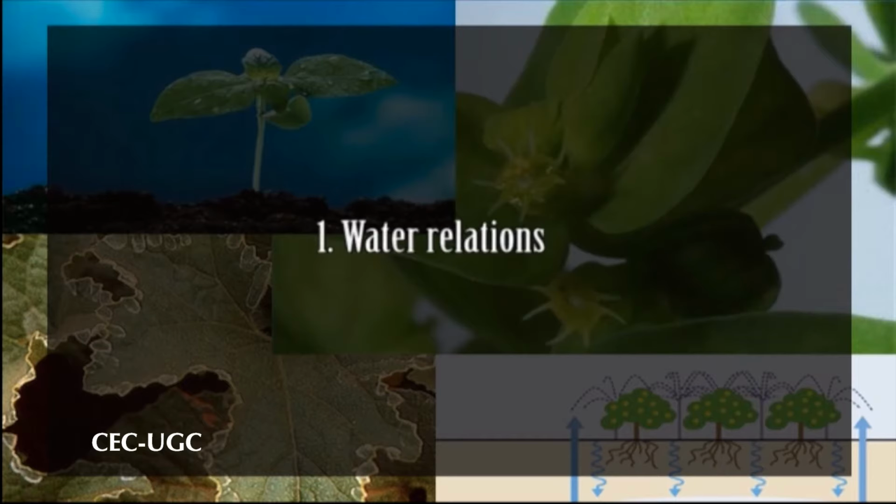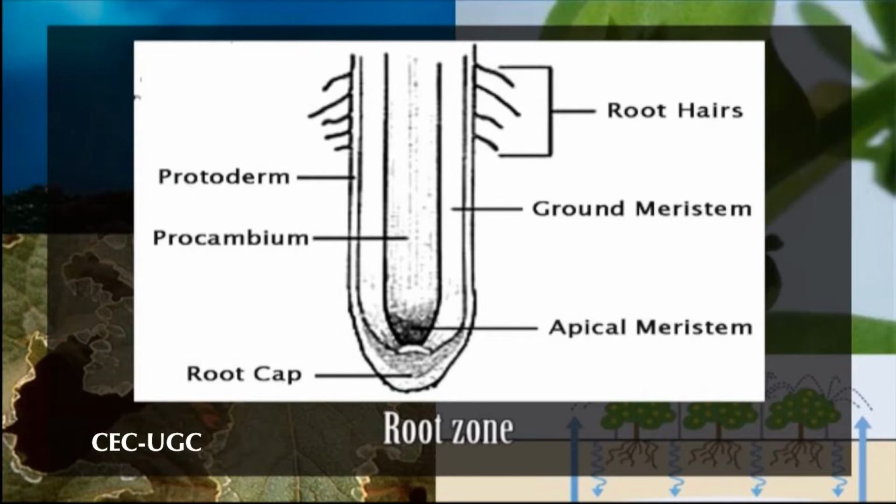Number one, water relations. Increase of salt in the root medium can lead to a decrease in leaf water potential and hence may affect many plant processes. Osmotic effects of salt on plants are a result of lowering of the soil water potential due to increase in solute concentration in the root zone.